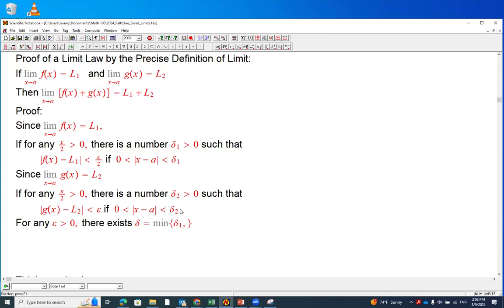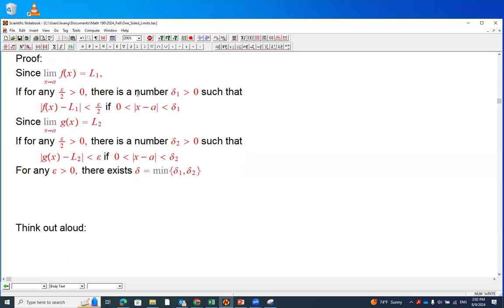Then you say, will that work? Okay, we'll see. So the delta is chosen, which is the smaller one of delta 1 and delta 2.